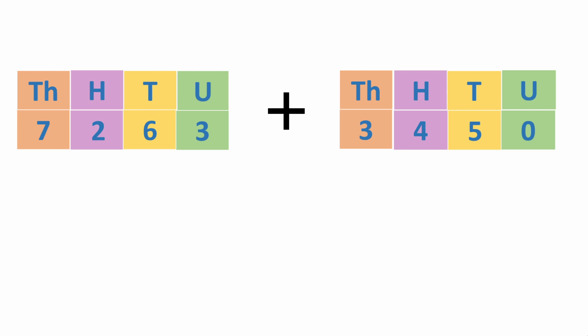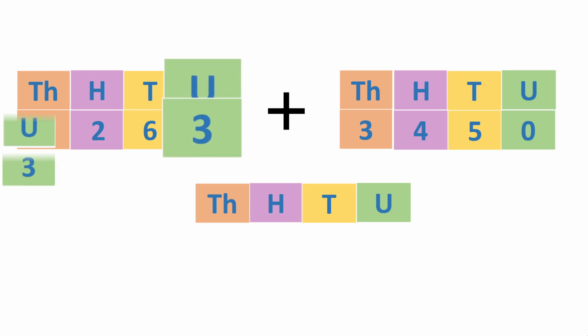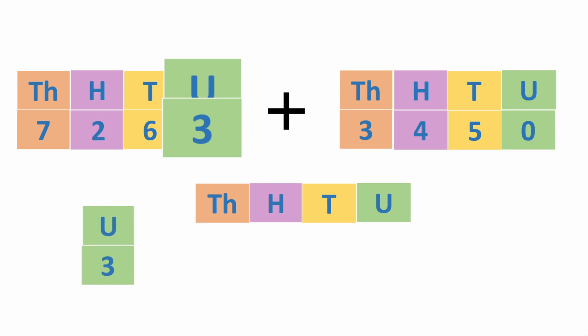For finding out the sum, also put units, tens, hundreds and thousands. Now let us start adding units first, which I have given in green shade. 3 units and 0 units give you 3 units, which will take the place of units. And there is nothing to go to the tens house as a guest.